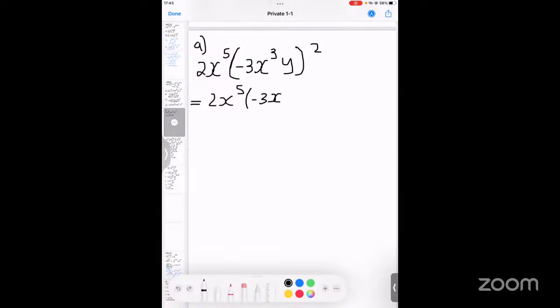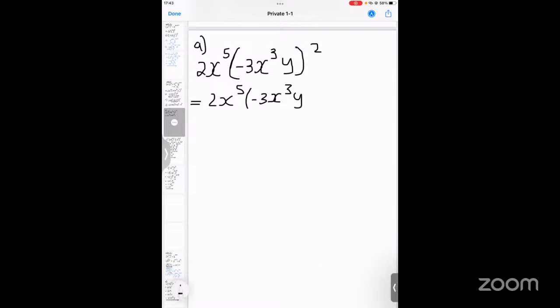Then next you write y to the power of 2.